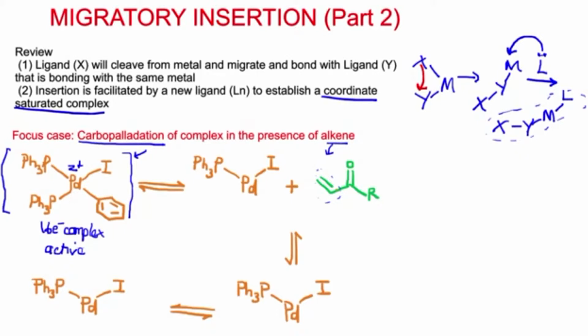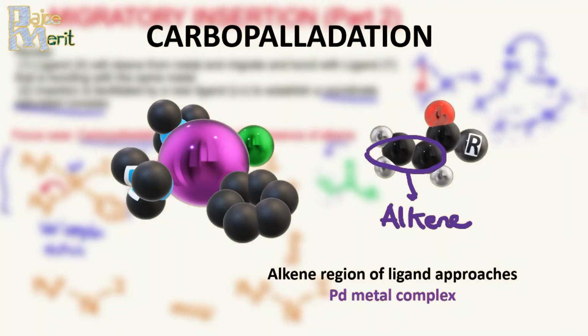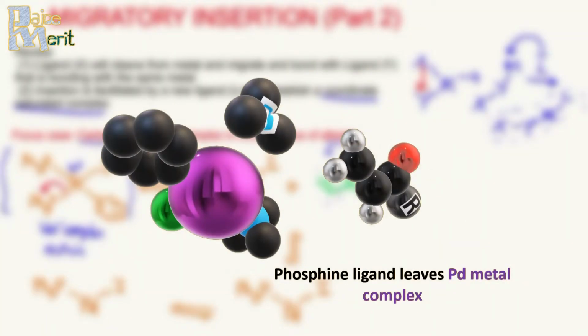First, we need to create an empty site for this reaction to happen, and to do that we have a really good leaving group. In this case it is phosphine, which leaves to give room for the new ligand.